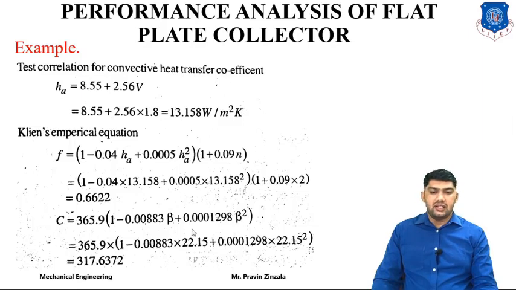By inserting the value of the surface tilt, we get C equal to 317.6372. This is the empirical or predictive equation. You also have to remember that for thermal analysis the whole equation is not possible, because it would be lengthy, and GTU limits this to only a 7 marks question.